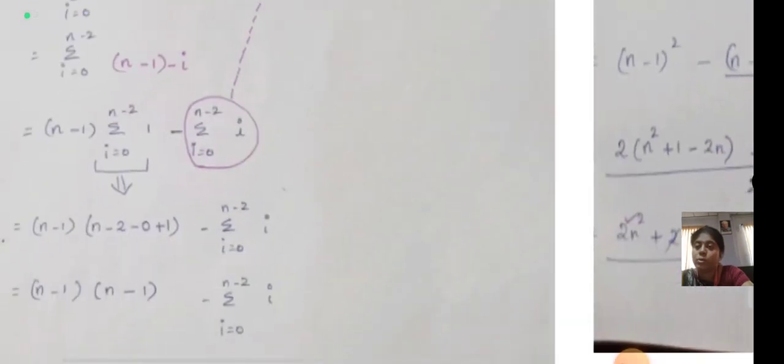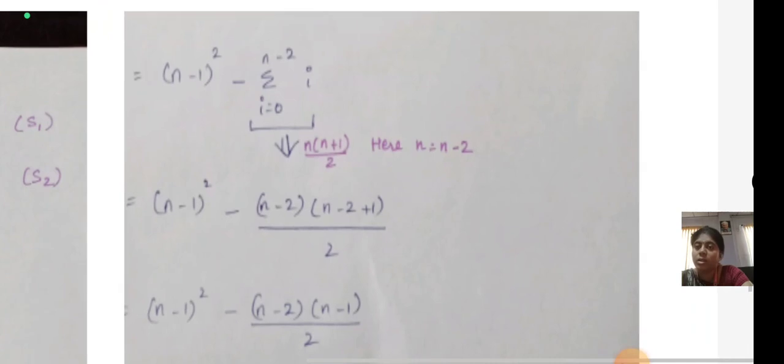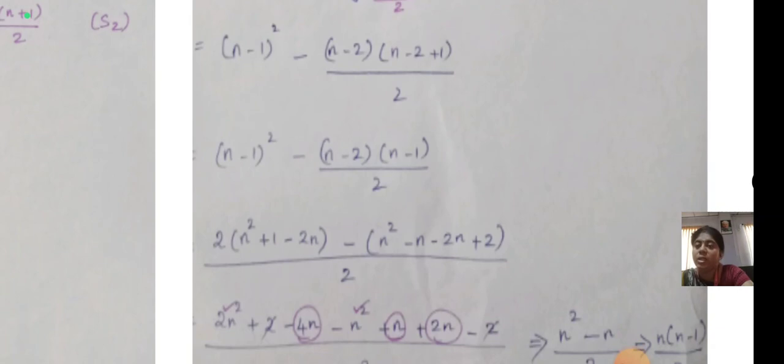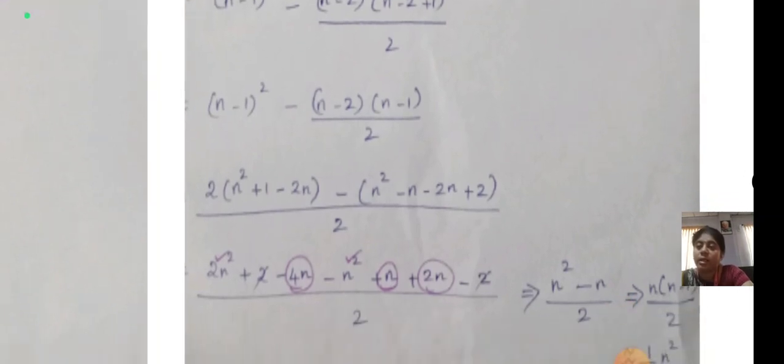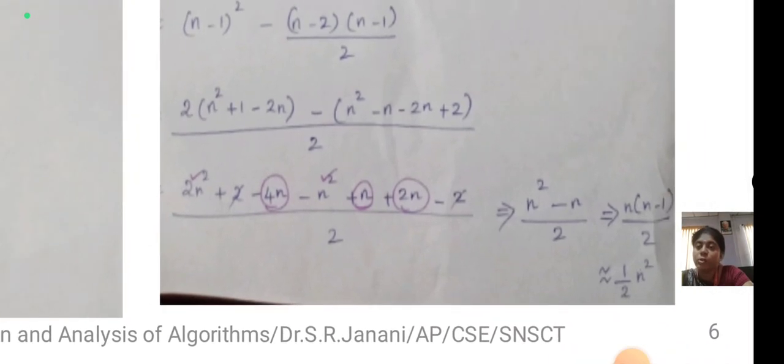This will be substituted here, rewritten, and after taking the LCM and solving, we get n square minus n by 2.